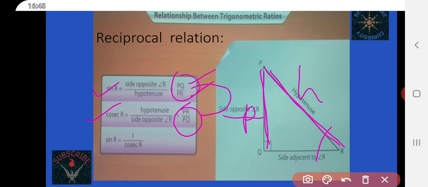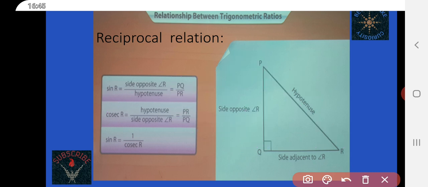Now you see these two equations, first equation and second equation. The first one is the reciprocal of the second and the second one is the reciprocal of the first.